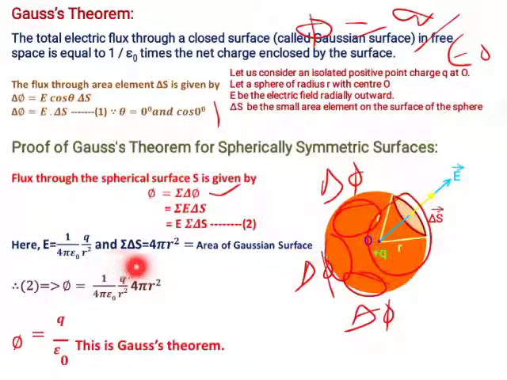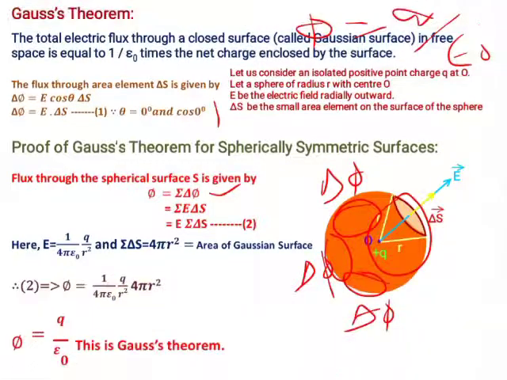Summation of delta S is equal to 4 pi r square, that is the area of the Gaussian surface. Why 4 pi r square? Because the surface area of the spherical surface is 4 pi r square. Substitute the value of E and delta S in equation number 2. Therefore, equation 2 implies phi is equal to 1 divided by 4 pi epsilon naught q by r square into 4 pi r square.